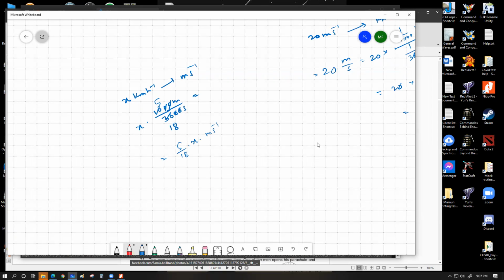Whenever I'm trying to convert kilometer per hour into meter per second, I just have to multiply the number with 5 by 18. Vice versa, if you want to convert meter per second into kilometer per hour, you have to multiply that number with 18 by 5.